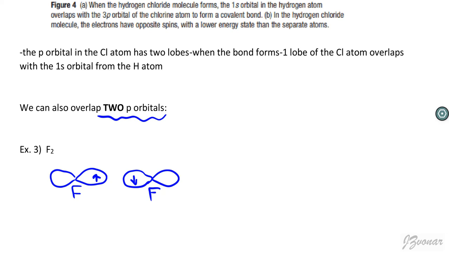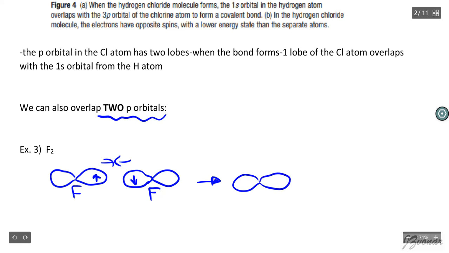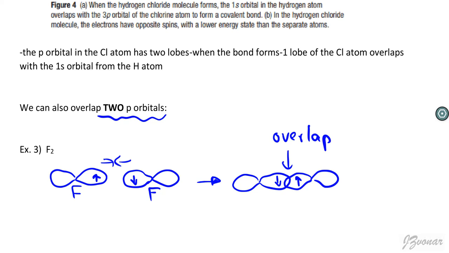So we have two atoms of fluorine. They come into close proximity to one another, and what happens is their p orbitals overlap. Okay, so this is what we're showing here. This is the overlap of the two p orbitals. So I've got one electron in one orbital, one electron in the other.